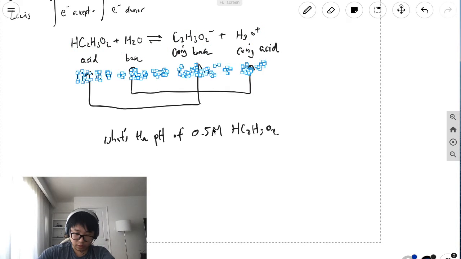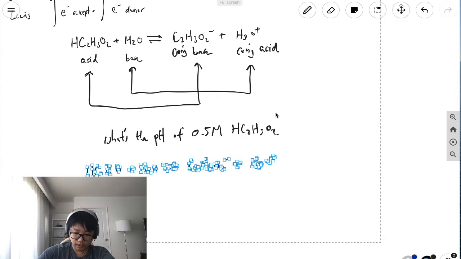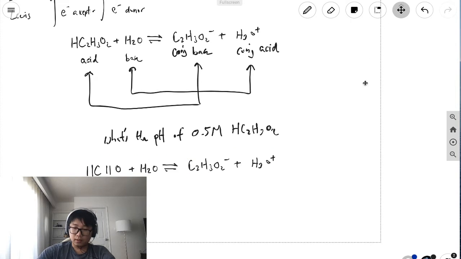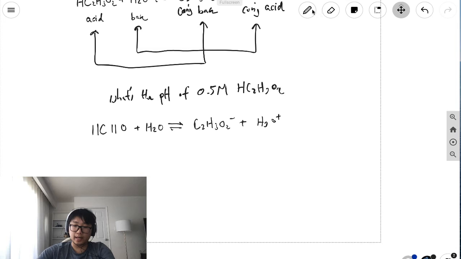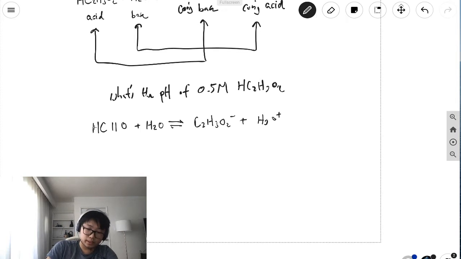Okay, so I'm just going to copy that exact same equation down here again. But as I said, this time we actually need an ICE table, right? The ICE table tells me what's the initial concentration the moment I combine these two together before anything has even reacted or dissolved away. So if I just pour these things in, water by definition, a liquid, does not have a concentration, so we can just get rid of that for now.